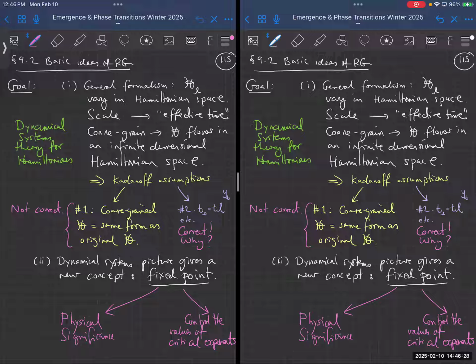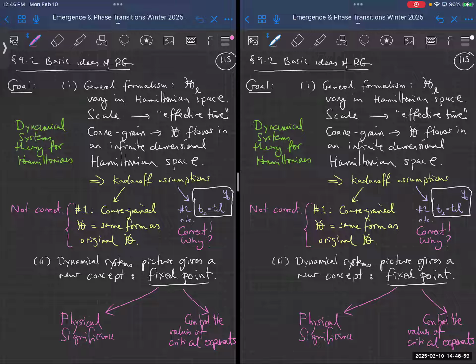No. Remember what we did was we saw that as you coarse grain, you move further away from TC because the correlation length has got smaller. When the correlation length has got smaller, that means you're further away from TC. Okay, so that means the relative temperature, (T minus TC) over TC, after I've done a coarse graining, is now bigger than it was before because you're further away from TC.